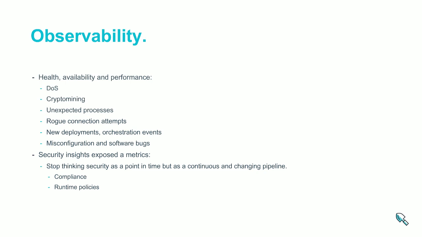In containerized workflows, the specific attacks like denial of service or crypto mining, unexpected processes, rogue connections, new deployments, misconfigurations, or bugs are things that you would typically track in a monitoring tool. But these events or these scenarios also have an impact on your security posture.